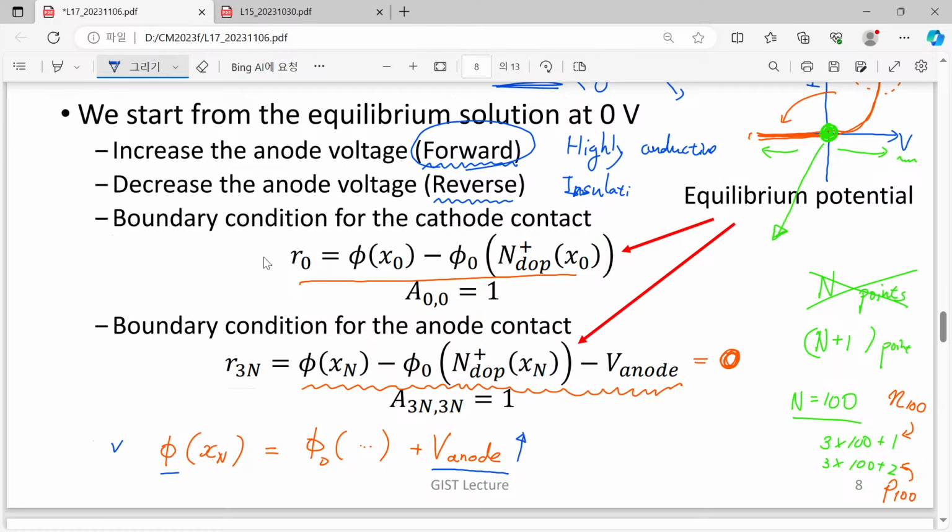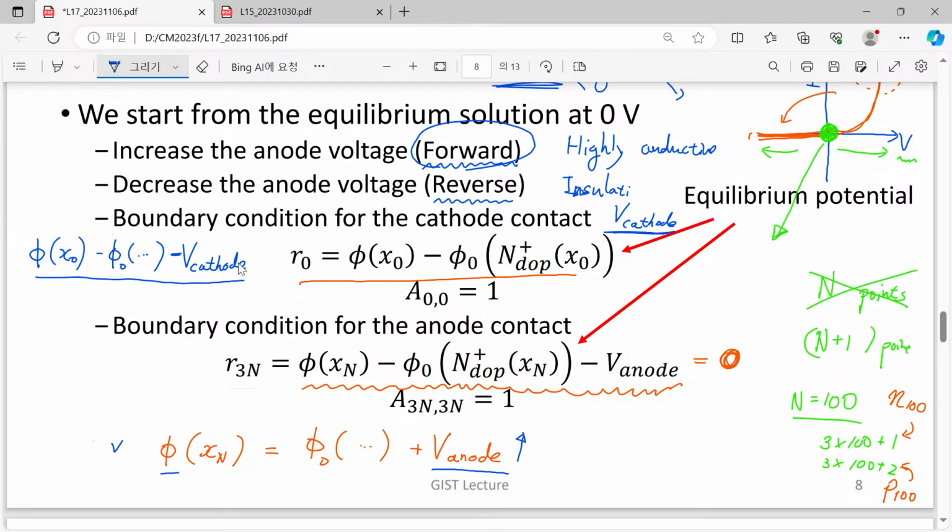Then my question is, please write down a more general relation for your cathode contact. You have applied V cathode. Then what will be your residue function R0? It should be phi evaluated at x0 minus your equilibrium solution minus the V cathode. That is the new residue function.